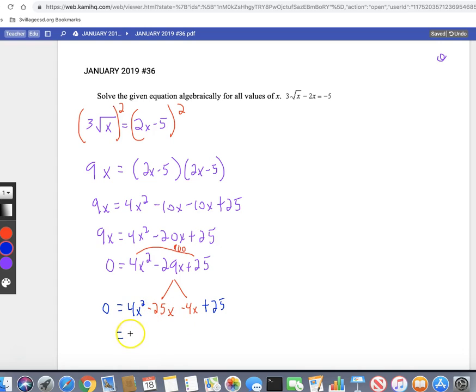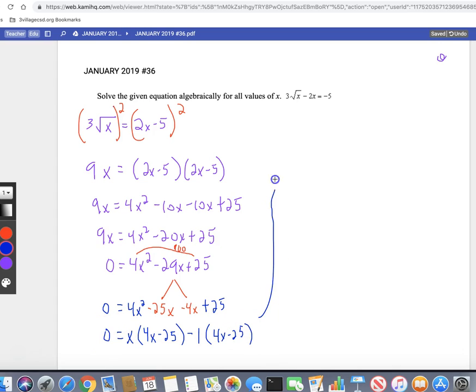So the first 2 terms would have a GCF of x, leaving us with 4x minus 25. And the last 2 terms, especially because the leading term here is a negative, we would perhaps just want to pull out a minus 1, and then we would have 4x minus 25 left over.